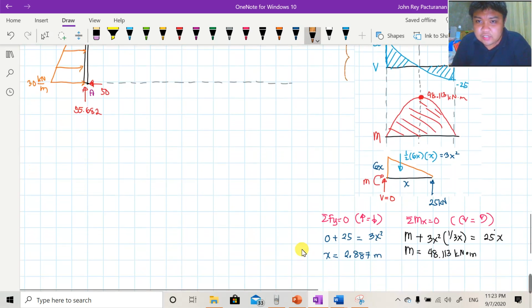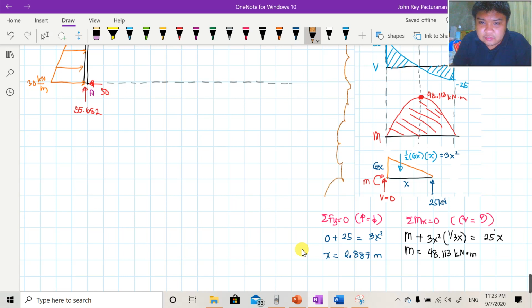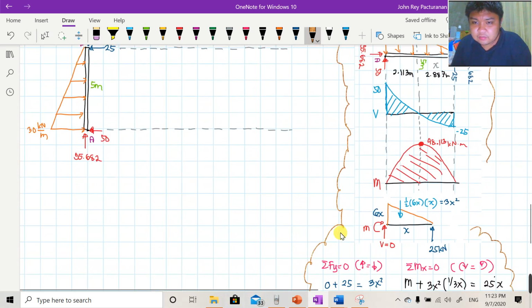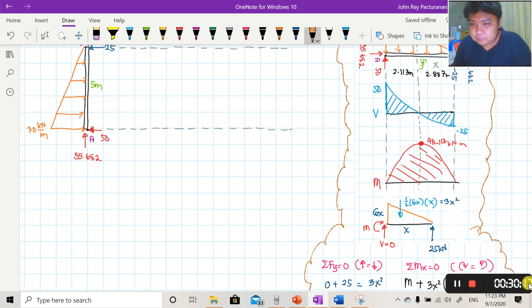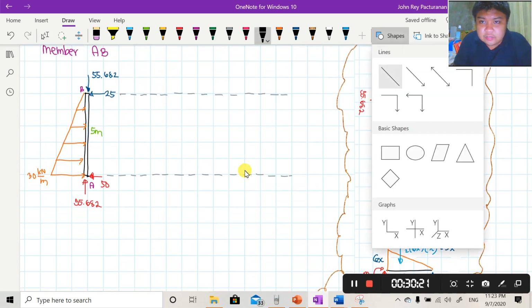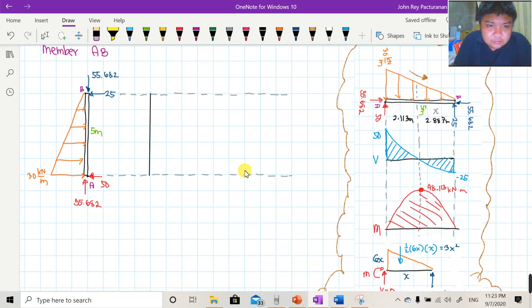So, box ko lang siya as part lang to ng solution. Hindi nyo naman na kailangan pakita sa inyong problem na pinahiga nyo yung beam. Okay, no? So, dire-diretso lang. Wait lang. So, ngayon, i-copy lang natin, class, kung anong naguhit natin kanina. So, magiging ganito siya. Tapos, literal lang, i-copy mo lang.